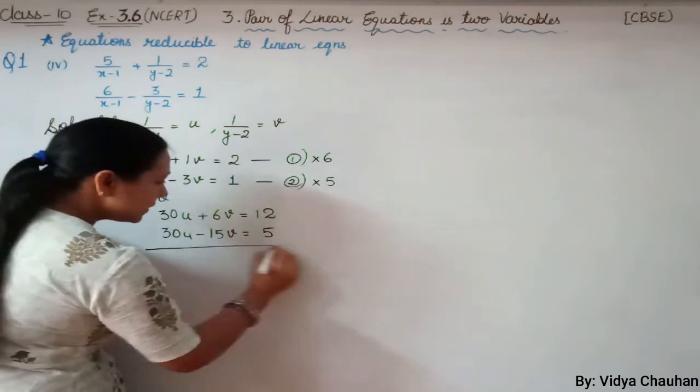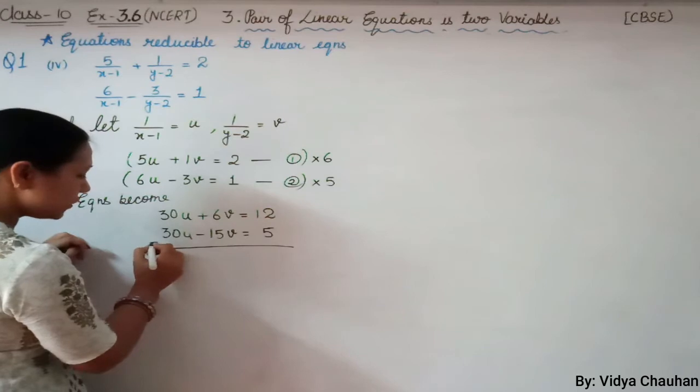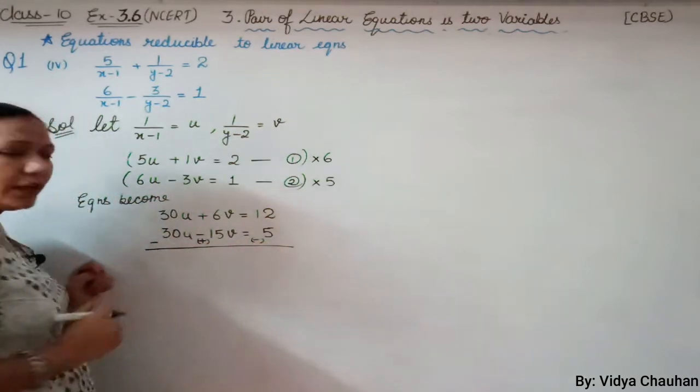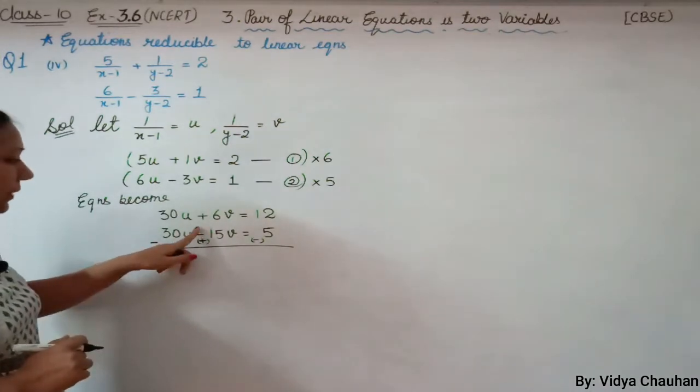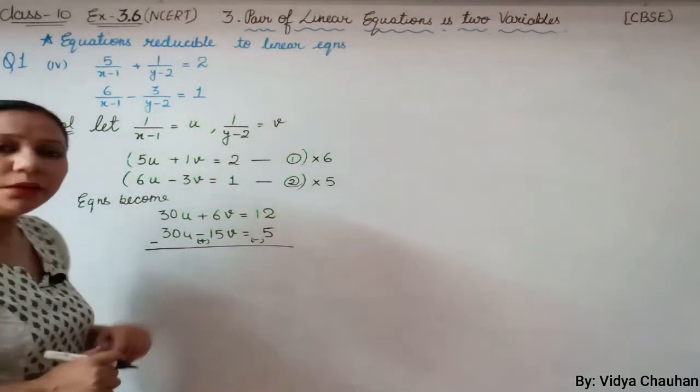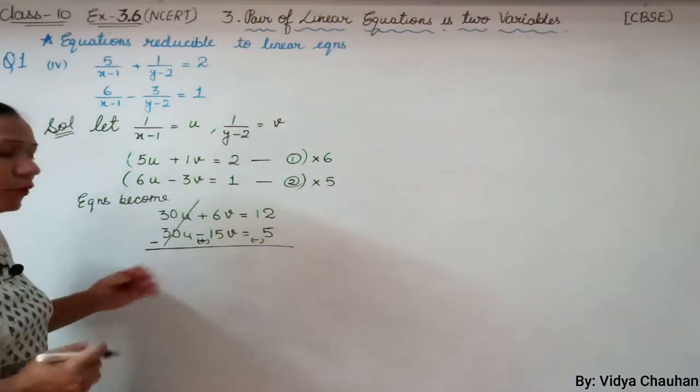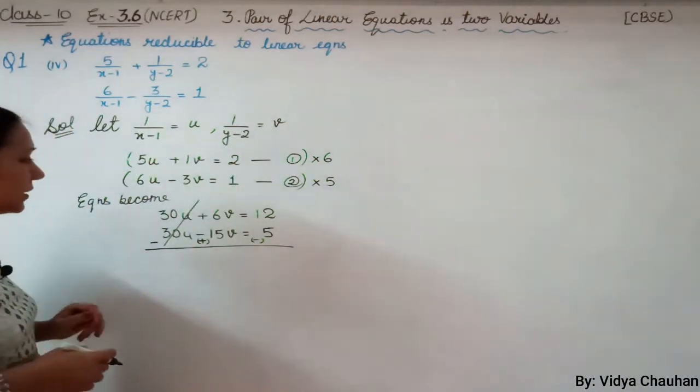Now let us subtract these two equations. Subtracting will change the sign of the second equation's terms: plus becomes minus, minus becomes plus, and plus again becomes minus. Solving it, 30u minus 30u cancels out, that means it is 0.